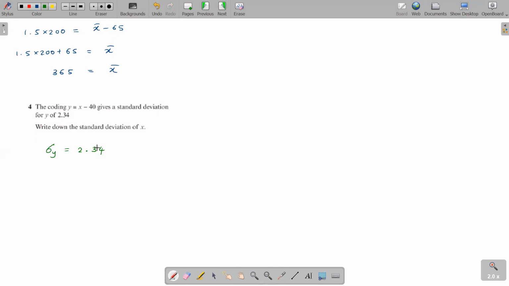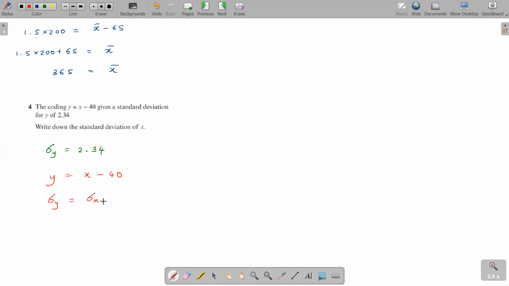Okay, they're asking you to write down the standard deviation of x. So how do we write the standard deviation of x? So take the equation first. Rewrite the equation according to the rule of standard deviation. So how does that rule work? So y equals x minus 40. Do you recall how we write the equation? Y becomes sigma y. X becomes sigma x. What about the minus 40?